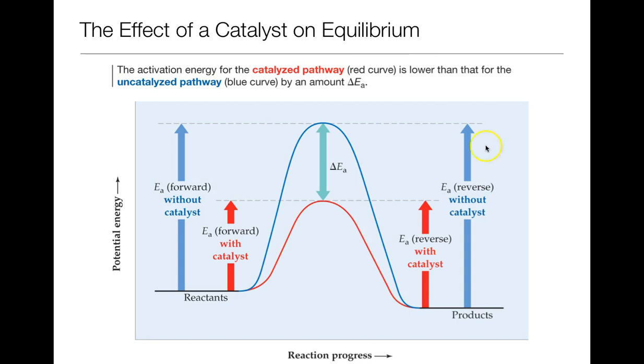If we make the assumption, and this is a pretty big generalization, that the catalyzed pathway in general has a lower activation energy than the uncatalyzed pathway, what we see is that for the forward and reverse reactions of the catalyzed versus the uncatalyzed reaction, the ratio remains exactly the same.